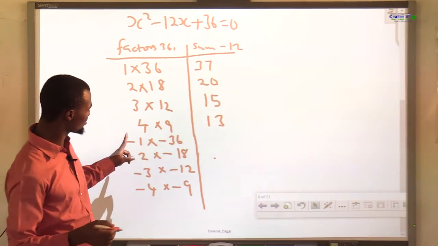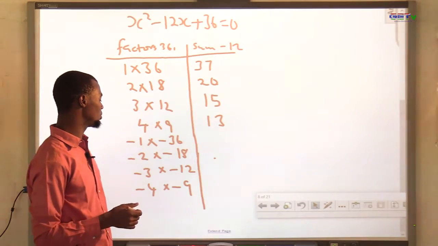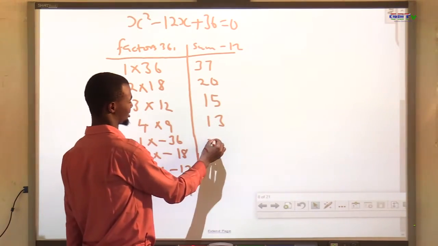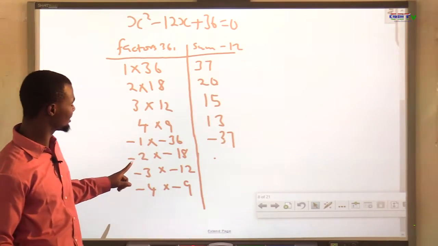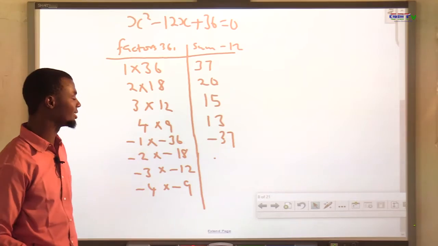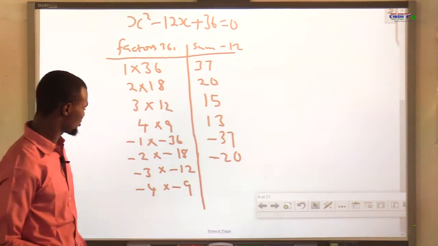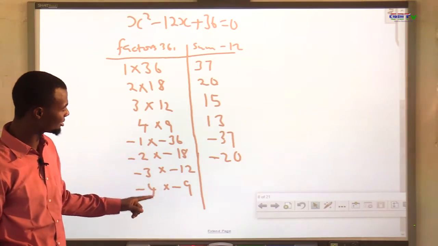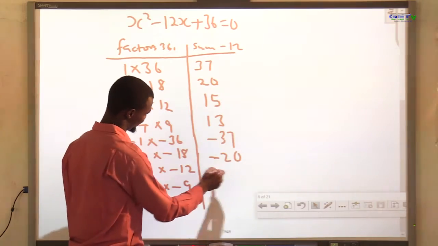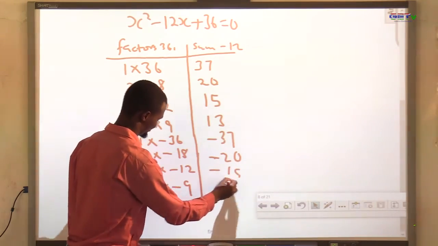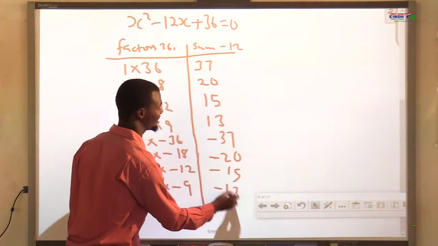If you add negative 1 and negative 36, that will give you negative 37. If you add negative 2 and negative 18, it will give you negative 20. If you add negative 3 and negative 12, that will give you negative 15. If you add negative 9 and negative 4, it will give you negative 13.